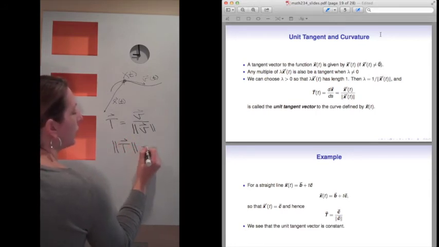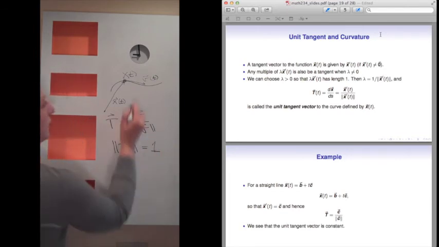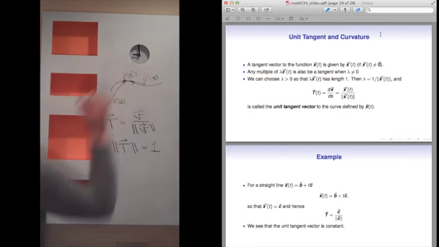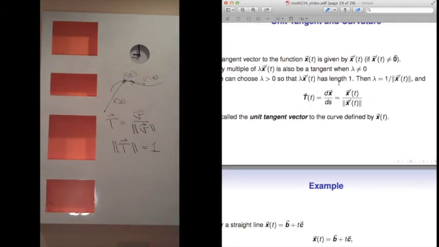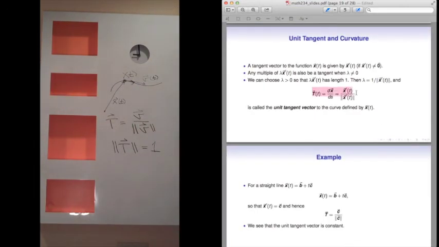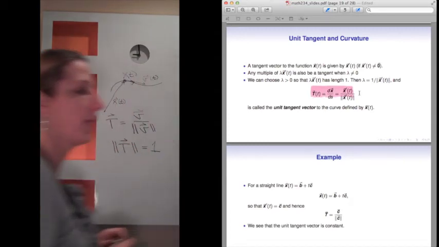The length of the vector T is always going to be 1, and its direction goes in the direction of the velocity. And here, over on the slides, you can see the formula for T.